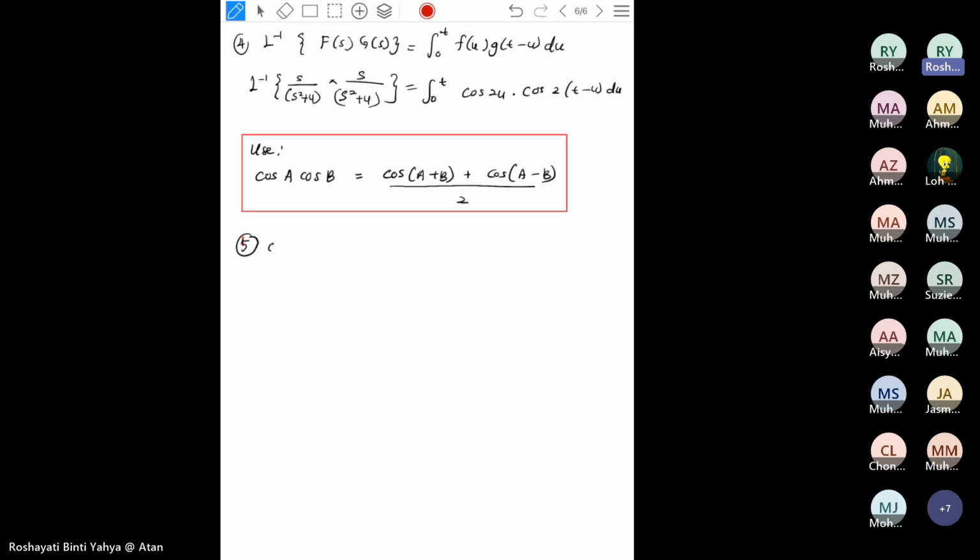We have cos 2u cos (2t minus u) equal to integration from 0 to t of cos A, cos B. So this is your A, this is B.